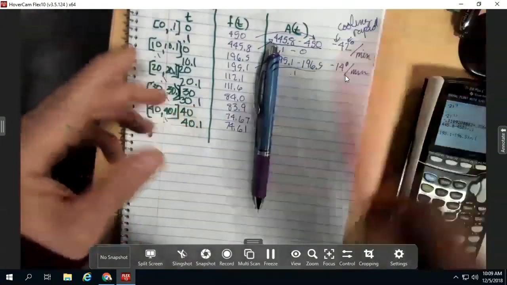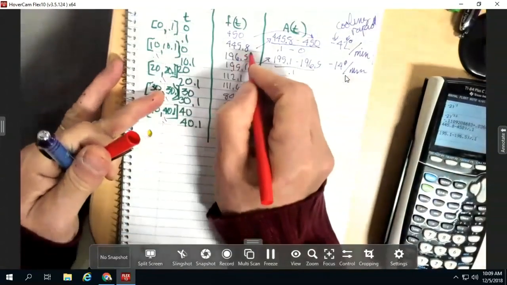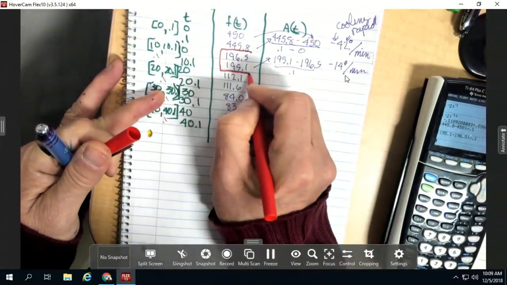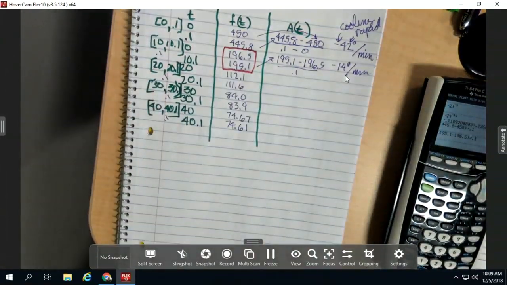Okay, how do people make mistakes? The first thing they will do is they will take 196.5 minus 195.1. That results in the number 1.4. What's wrong with 1.4?